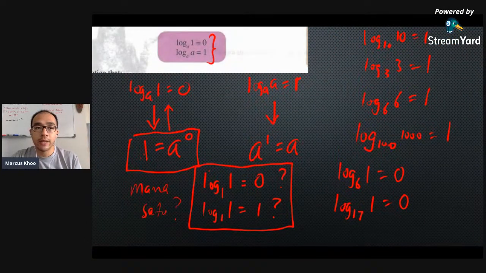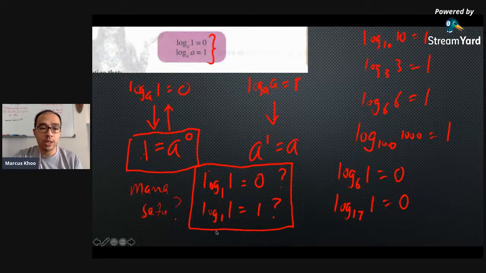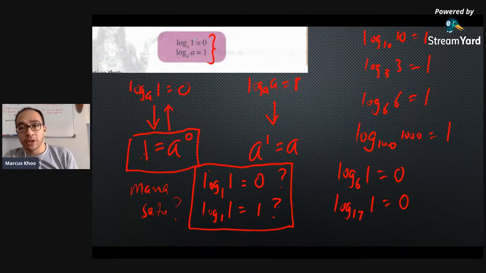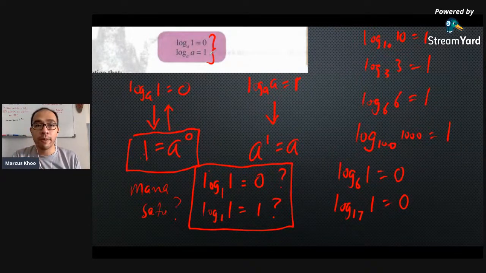After that we also looked at these two relations: log A 1 equals 0. If the number that you are logging is 1, it's always equal to 0. And if the base and the number are the same, it's always equal to 1. So that's another relation that needs to be remembered.